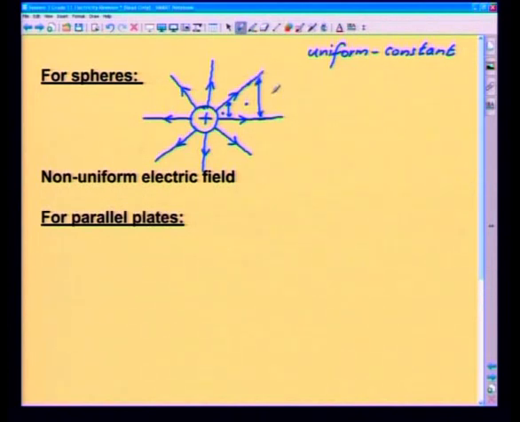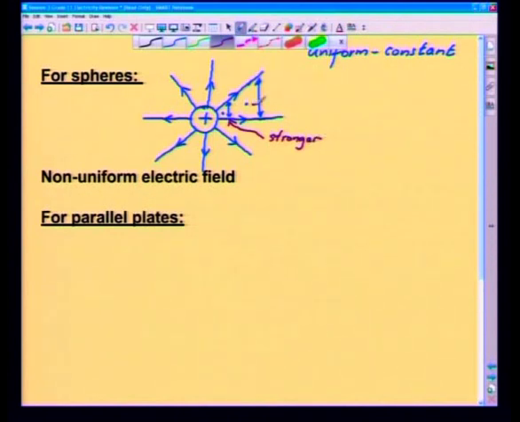Now, the fact that the distances are not the same means that we are not going to have the same electric field throughout. At this point here, we have a stronger electric field. The electric field is stronger there.